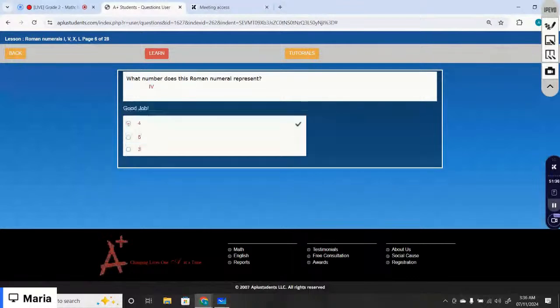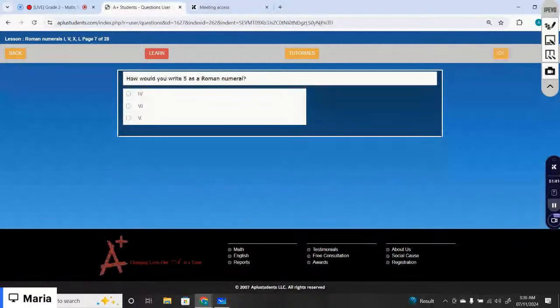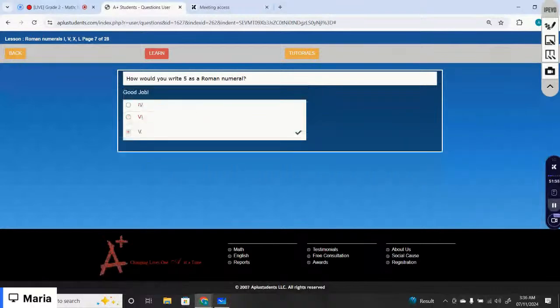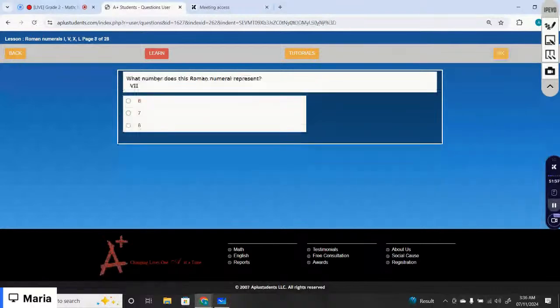The correct option is 4. How would you write 5 as a Roman numeral? So which is the correct option? V represents 5, right? So the correct option is option number 3. What number does the Roman numeral represent? So which is the correct one? So V represents 5.